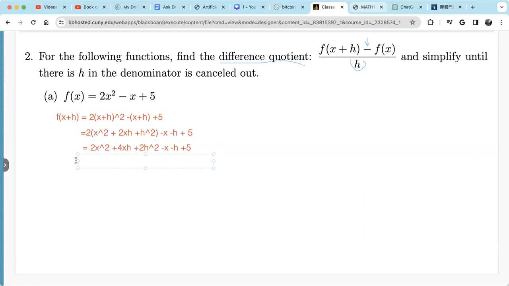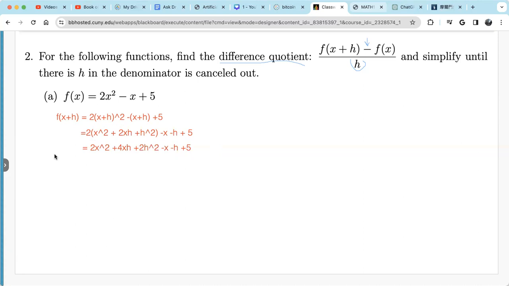Combine like terms. 2x squared has no like terms, so that's 2x squared. 4xh has no like terms, that's 4xh. 2h squared has no like terms, so 2h squared. Actually, there's no like terms, right? You see every term is different. x squared, xh, h squared, x, h, 5, so no like terms.